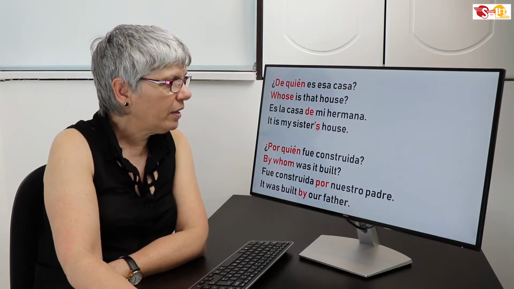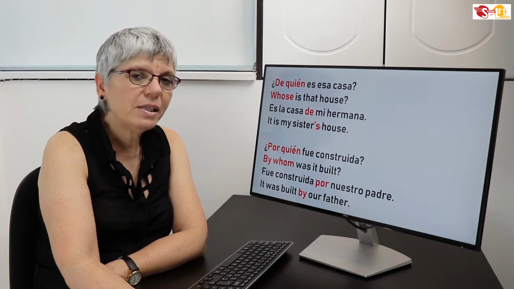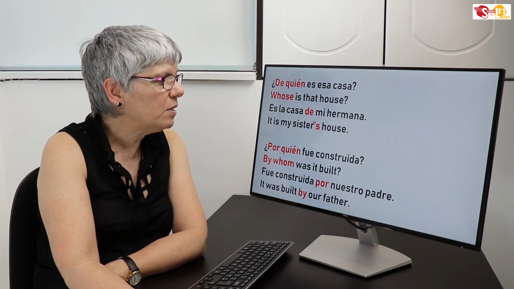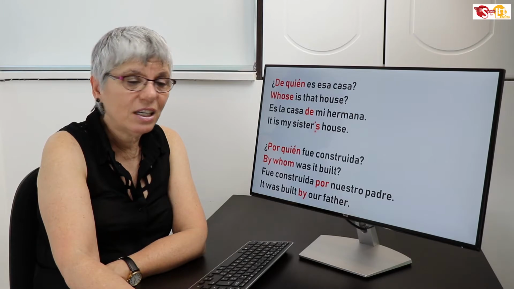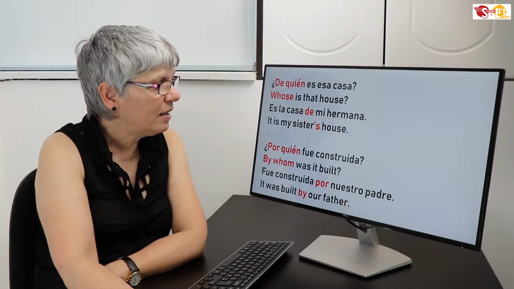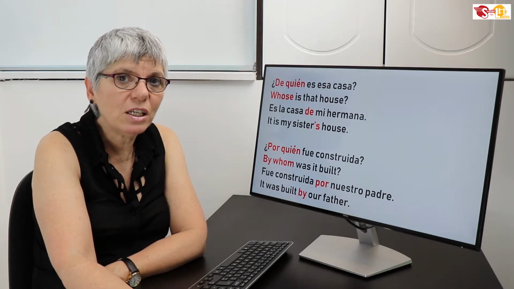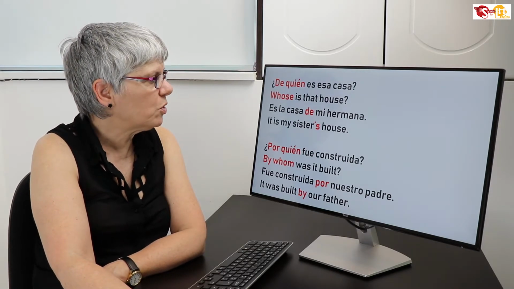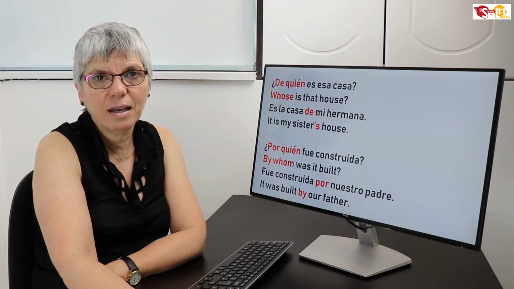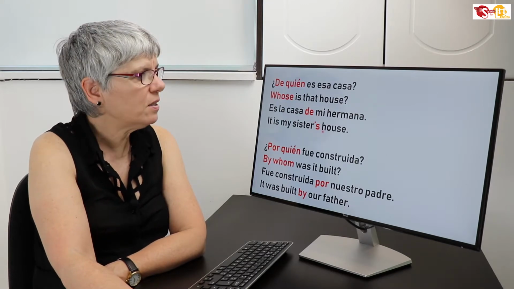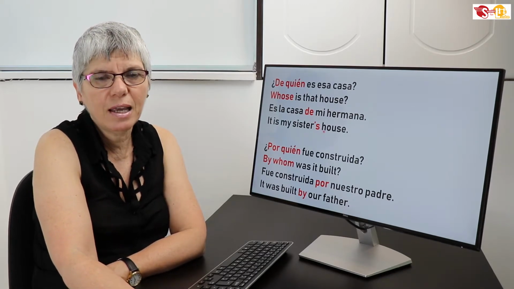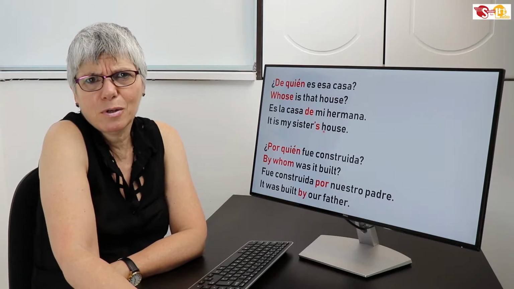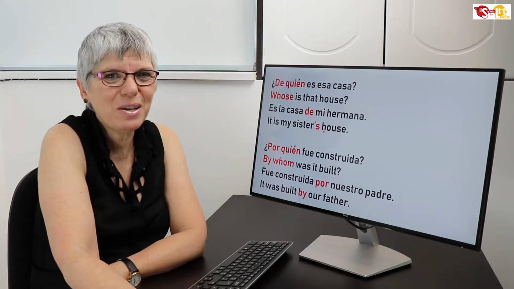Okay. Now here, notice that meaning possession, we frequently use this structure in English, the S here meaning possession. But in Spanish, we don't have this feature, so it's not possible to say mi hermana casa. If you want to say it's my sister's house, and you say something like mi hermana casa, it's absolutely wrong in Spanish, and nobody will understand.